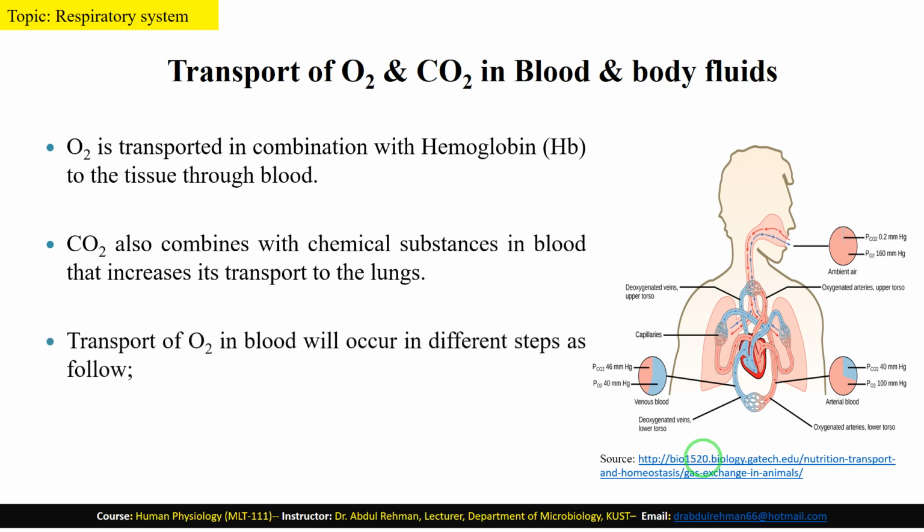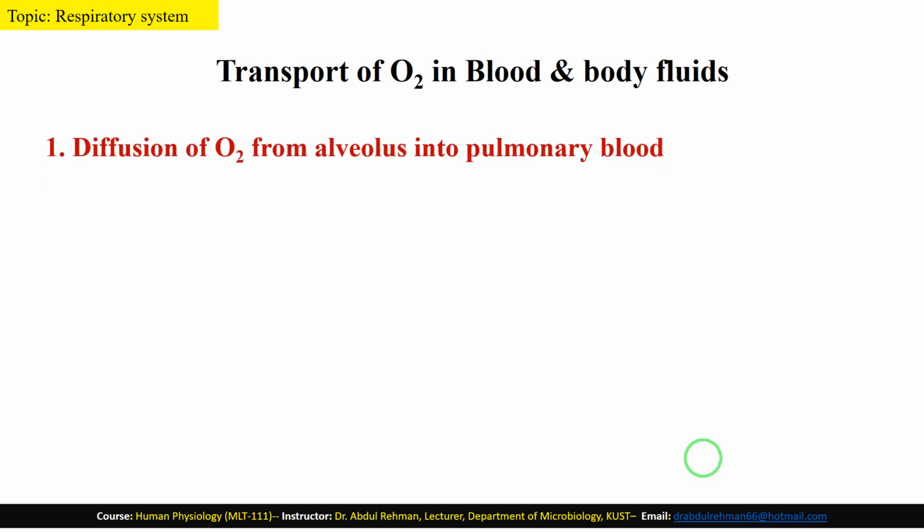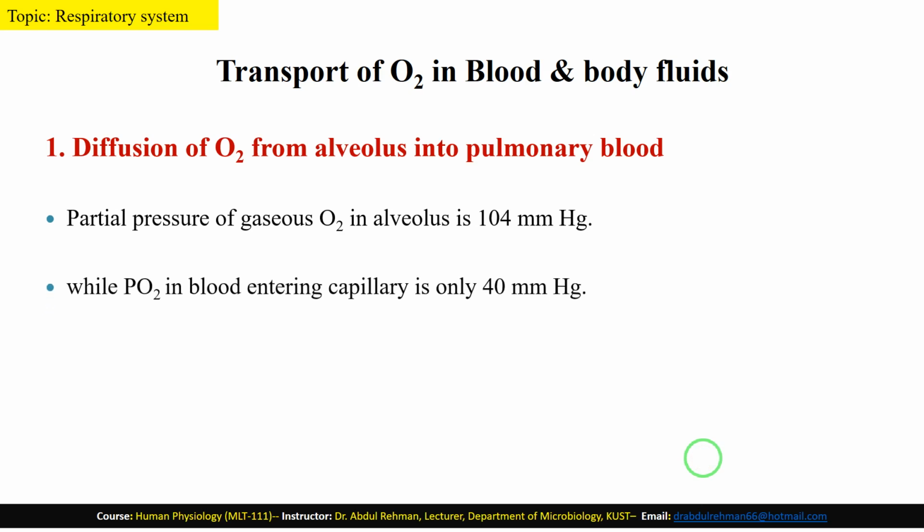For the transport of oxygen in blood, different steps are involved. The first is diffusion of oxygen from alveoli into the pulmonary blood. The partial pressure of gaseous oxygen in alveoli is 104 mm Hg, while the partial pressure of oxygen in blood entering the capillary is 40 mm Hg.